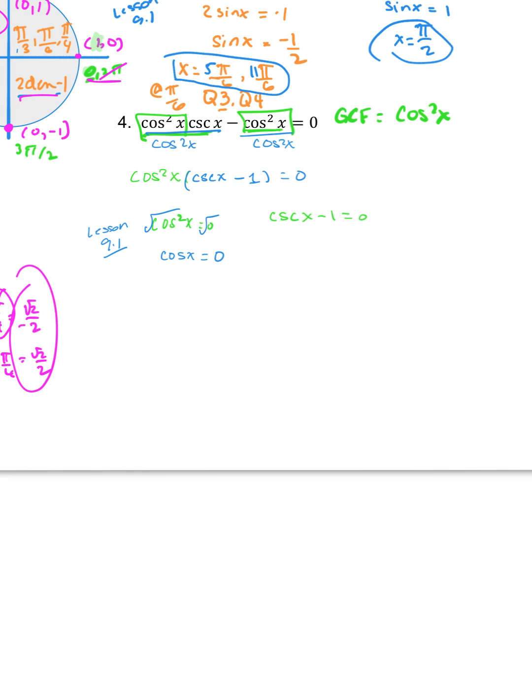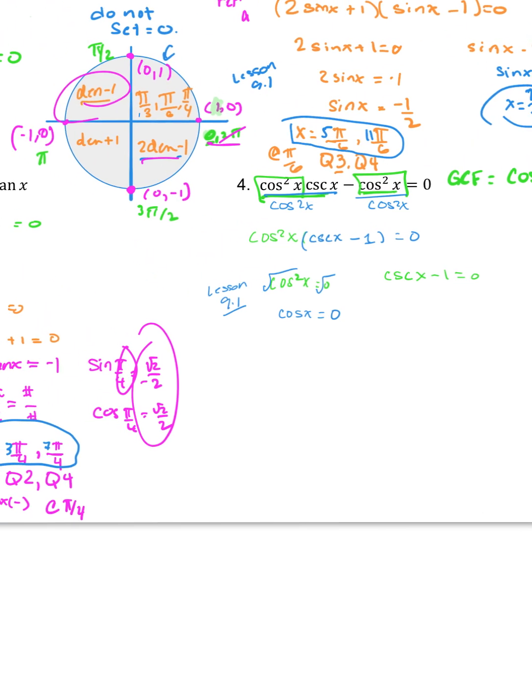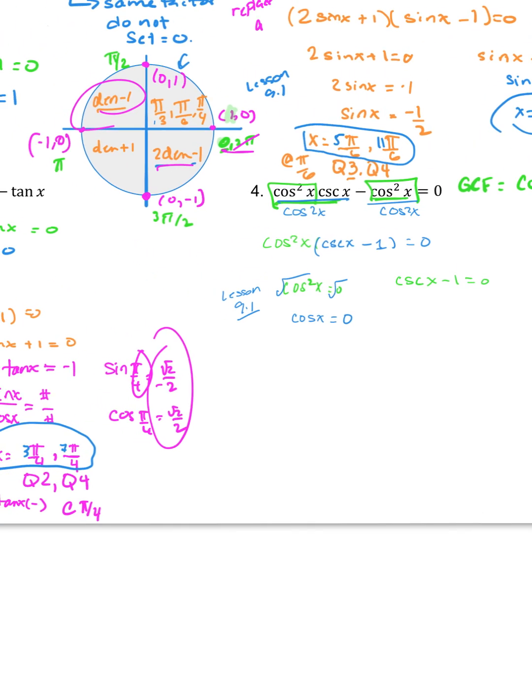So I'm going to go over here. Again, I'm looking at the x values. Where does cosine x equal 0? So that would be here at pi over 2, and then here, 3 pi over 2. It's 2 places. So I'm going to write x equals pi over 2 and 3 pi over 2.